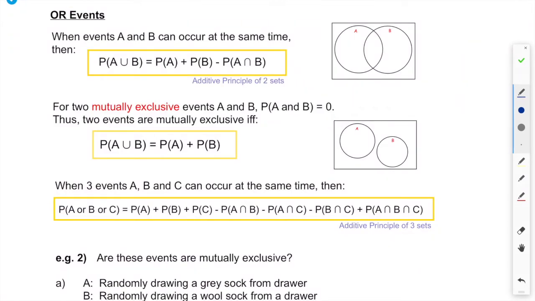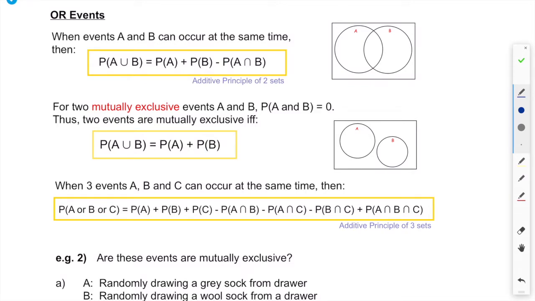So now let's recap what we have learned about OR events from the investigation. The OR event, or the union of two events, P of A or B, is given by P of A plus P of B minus P of A and B, okay?